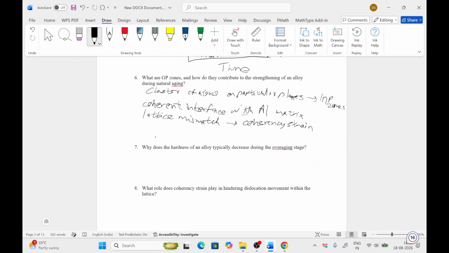The dislocation will have some difficulty in crossing these precipitates, so that coherency strain leads to the hindrance of dislocation motion, and that contributes to strengthening of an alloy during natural aging. So in natural aging, the clusters of atoms form very fine precipitates, and this hampers the dislocation movement.